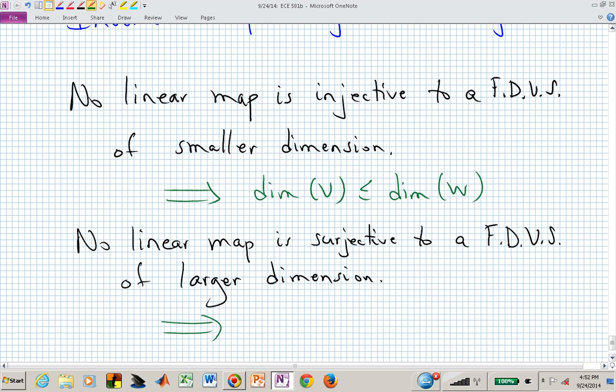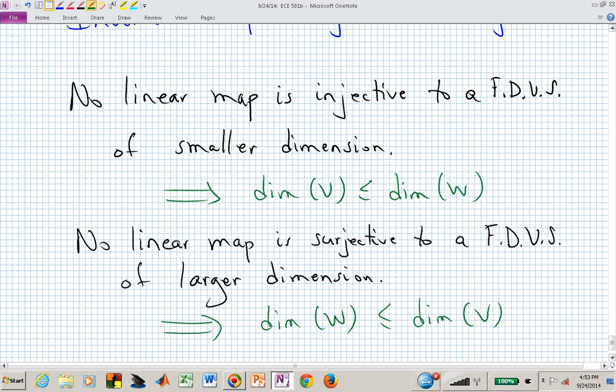That now says that the dimension of W needs to be less than or equal to the dimension of our domain, right? Since we can't go bigger, we know the codomain needs to be dimensionally less than or equal to the dimension of our domain. And being injective says that the dimension of our domain needs to be less than or equal to the dimension of W.